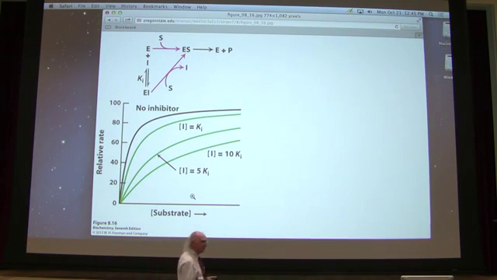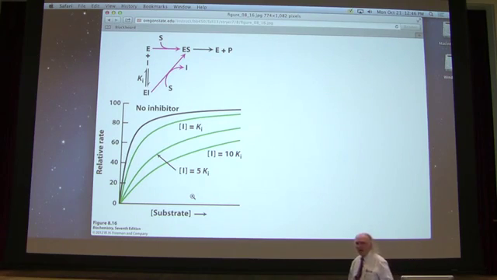On the other hand, if I look at the Km value, is the Km value going to remain the same, or is the Km value going to be different? It's moved to the right. Here's maximum, here's 50%. There is the Km for the uninhibited. And for the green one, it's going to be further to the right.